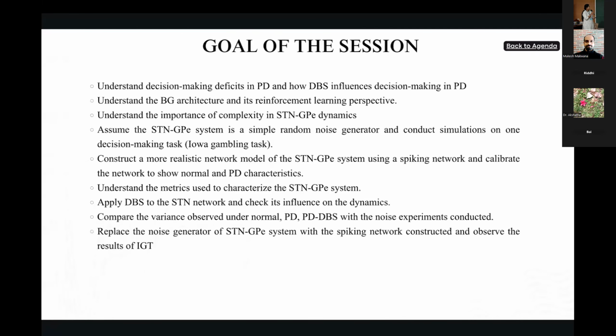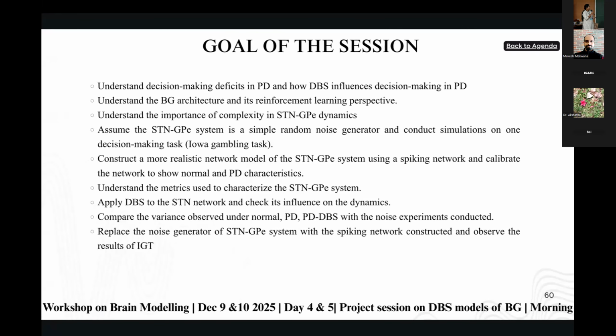And finally, to summarize whether we finished all the goals: yes, we started with understanding the decision making deficits, BG architecture and RL perspective. Then we looked at the complexity of STN-GPE dynamics and how it contributes to decision making.